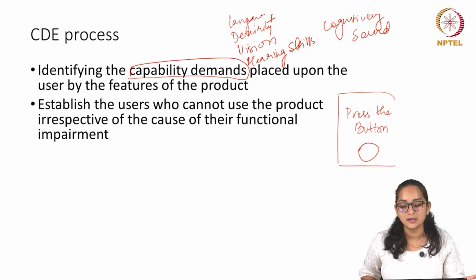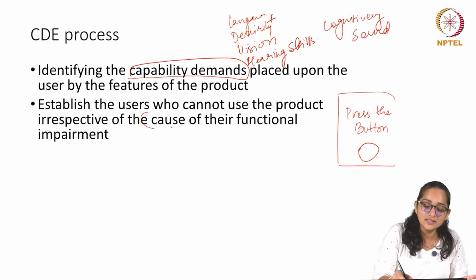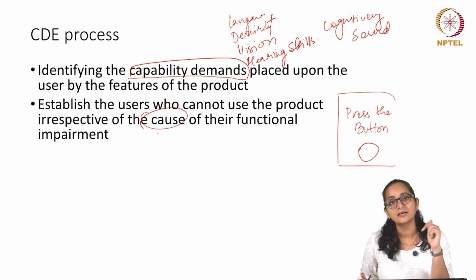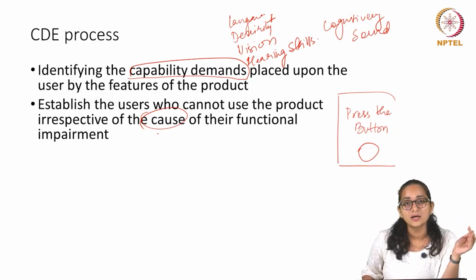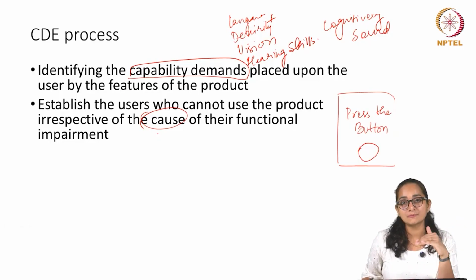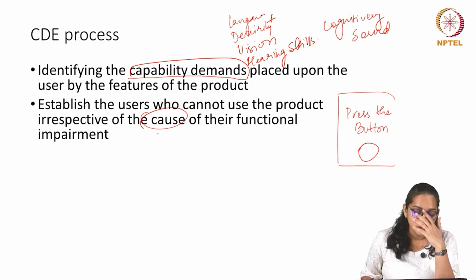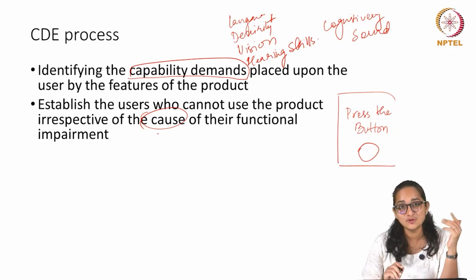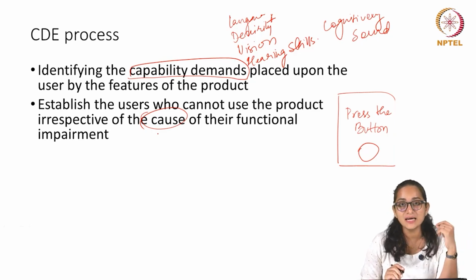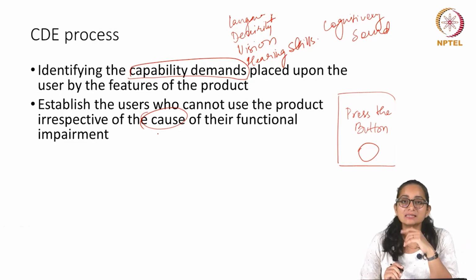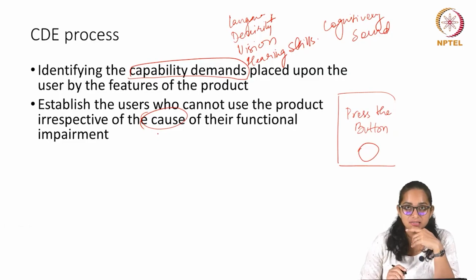the users who cannot use the product irrespective of the cause of their functional impairment, right. So why we are saying this is, I think again, if we go back to one of the other frameworks where we spoke about the disability spectrum, right. So it may be a situational cause, it may be a permanent cause, or it may be a temporary cause, but in that moment, they are not able to interact with your system.